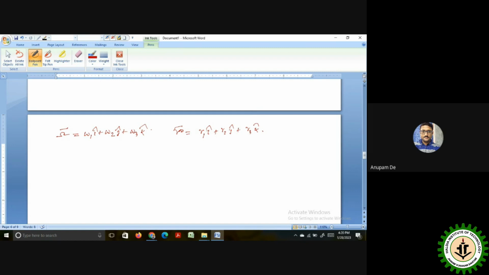Sorry, not linear velocity; this is the position vector of any point. Now, if v is the linear velocity, you know the relation between linear and angular velocity: v equals omega cross r.